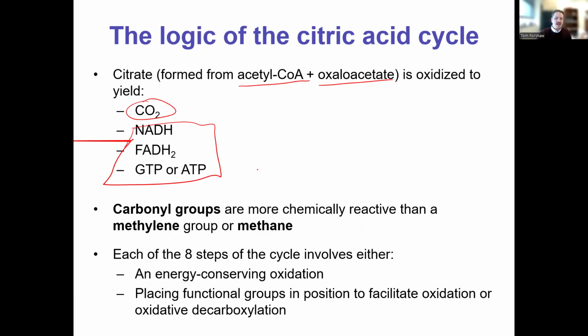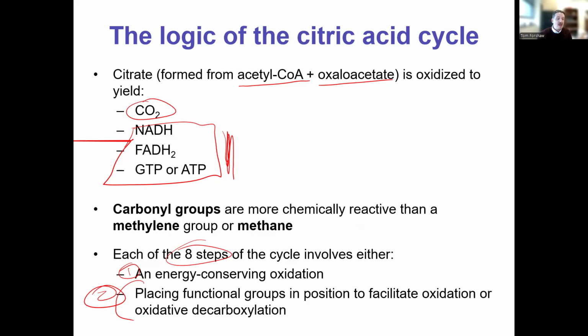We can break down these 8 steps into 2 groups really. An energy conserving oxidation, so that's the one which is going to generate one of these metabolites here, but also a second type, isomerization, where, well, not necessarily isomerization, but kind of in some way rearranging the molecule.